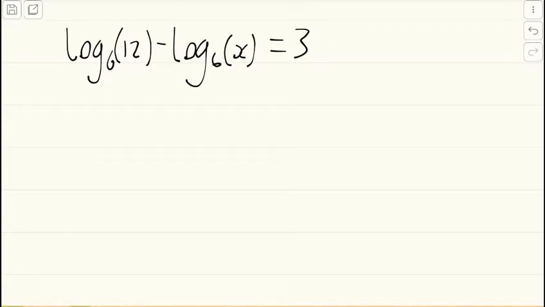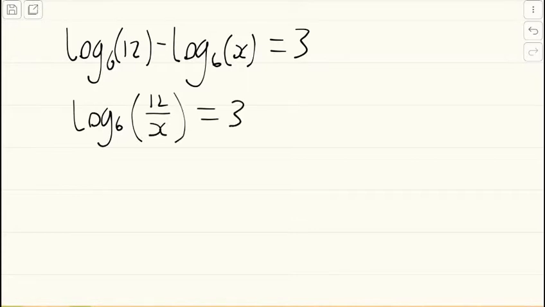We use our log laws to combine the logs. So that becomes log to the base 6 of 12 over x, and that equals 3. And again, to get from our base 6 to 12 over x, we have to raise 6 to the power of 3. So we write that 6 to the power of 3 is equal to 12 over x.